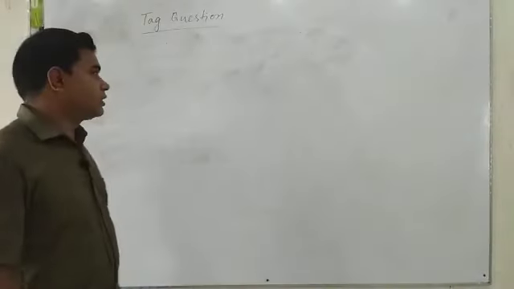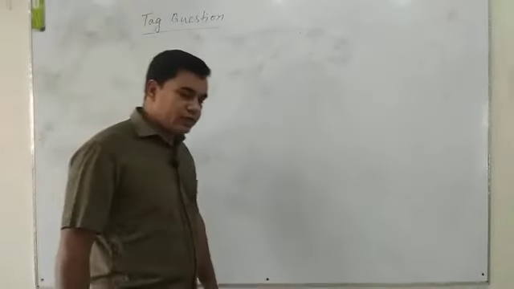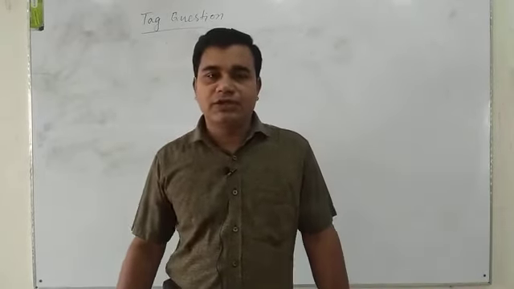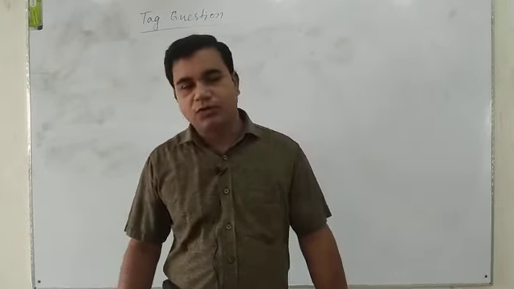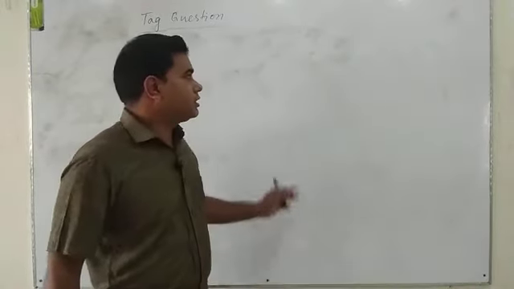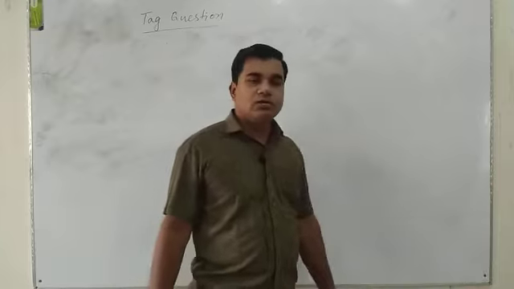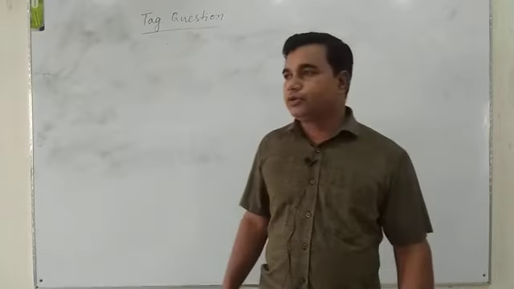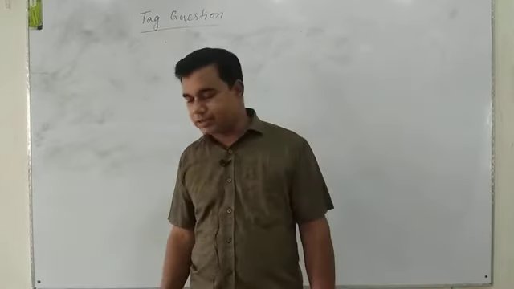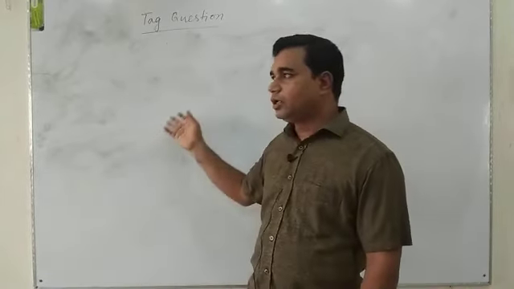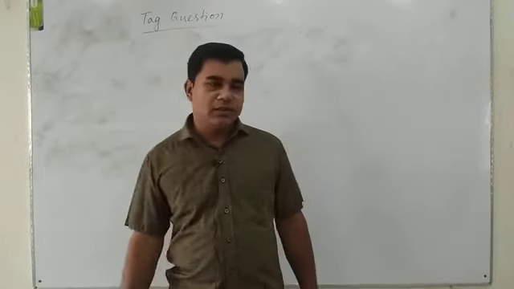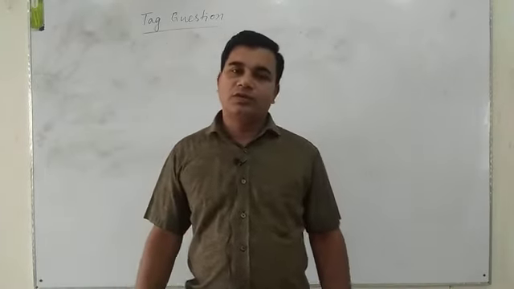For making tag question, we have to follow various rules, but at first we have to use a mother rule, or formation, of a tag question. The formation of a tag question is we have to use a comma after the end of a statement or a sentence, and then we have to use the given auxiliary verb of the sentence and then the pronoun of the subject.